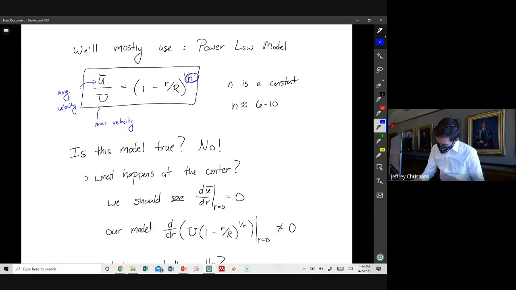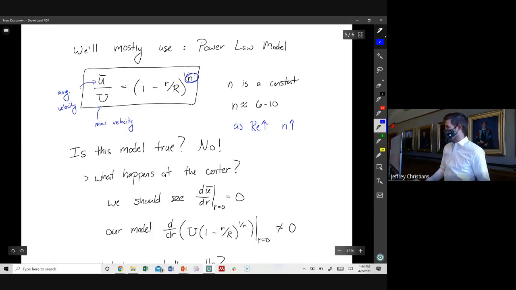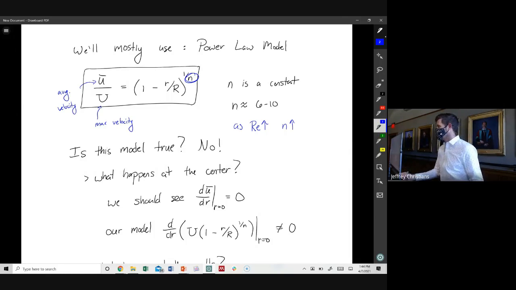But as the Reynolds number goes up, n goes up. If you have a Reynolds number of 10 million, then n is maybe going to be 10. If you have a Reynolds number of 3,000, n is maybe going to be about 6. So it'll be somewhere in that 6 to 10 range.